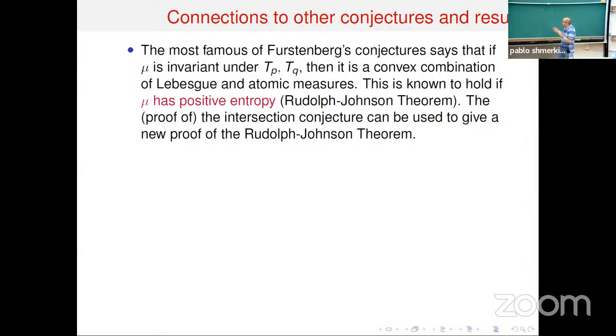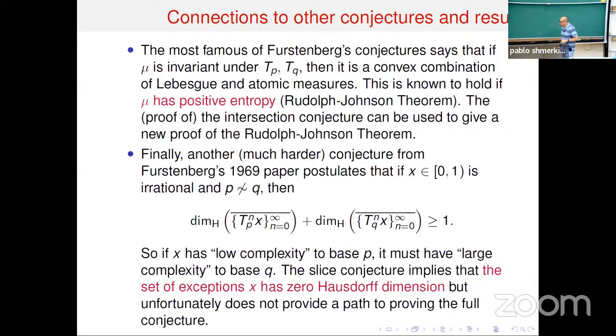And I think it's not unfair to say that this Slice conjecture is maybe the strongest statement of Rudolph–Johnson type that we have until now. It's much, much stronger than Rudolph–Johnson in the sense that it gives a very uniform version of the convolution of invariant measures problem, which immediately yields Rudolph–Johnson. Okay, and finally, sometimes I joke that this is the most difficult problem in mathematics.